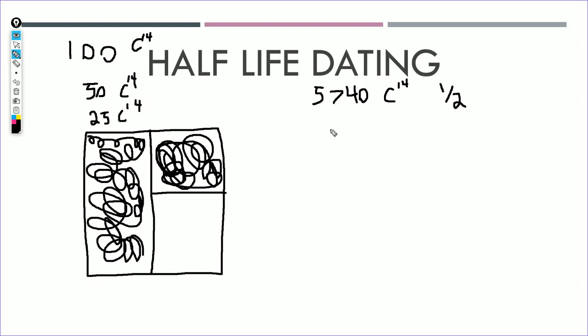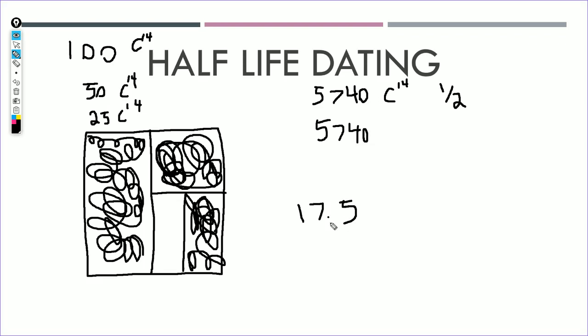And let's say another 5,740 years pass. Well, I lose half of my carbon again, and at that point I go down from 25 to, ooh, this is going to be rough, 17.5 molecules of carbon-14. And that's another 5,740 years.